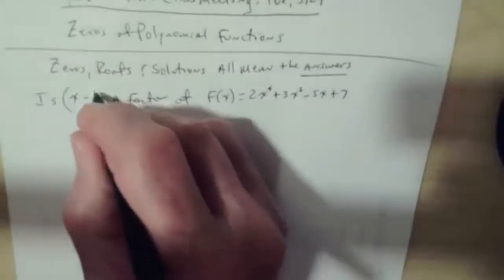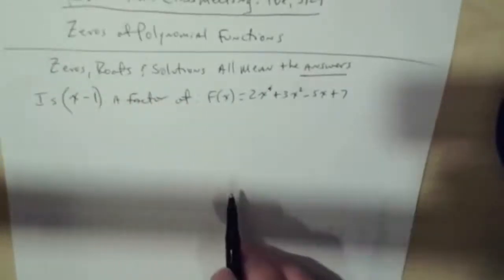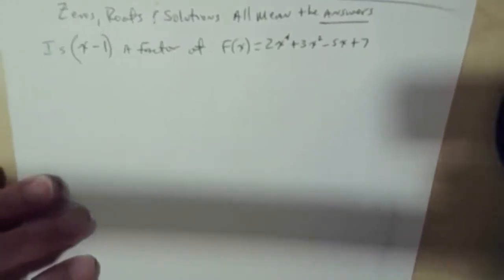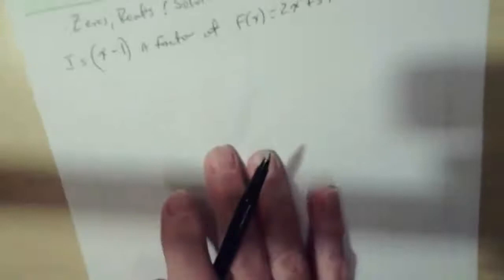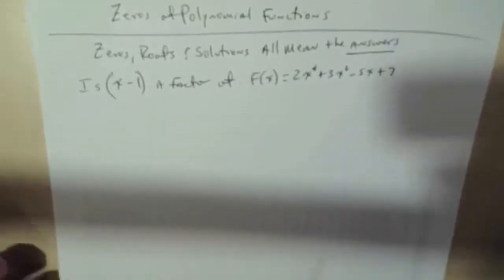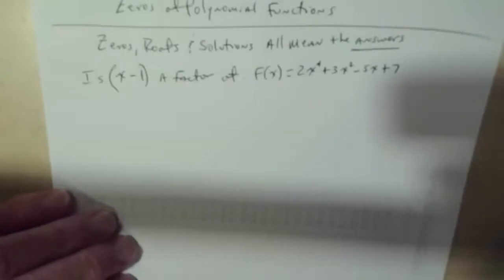Now, is x minus 1 a factor of all this? And the way we do that is we do synthetic division, and if it does not have a remainder, then it is a factor.